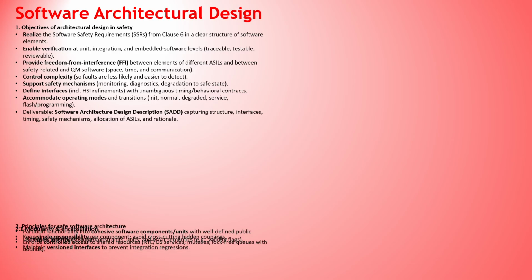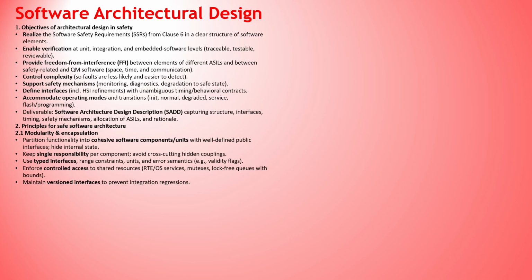So what are the key principles for building this safe architecture? Big ones include modularity and encapsulation. Break the software into smaller, manageable chunks or modules, each with a specific job and well-defined interfaces. Keep their internal workings hidden and encapsulated. This limits the ripple effect of changes or errors. Like building with well-defined Lego bricks again. Kind of, yeah.